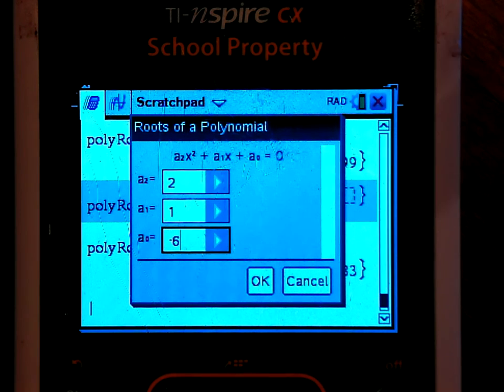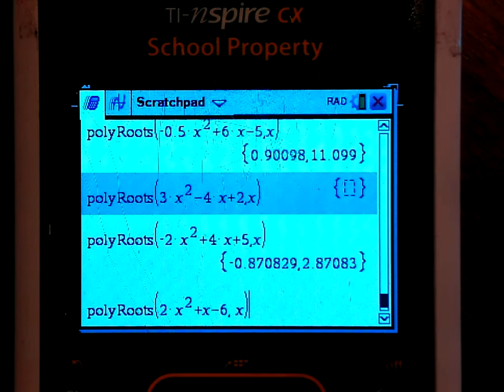Okay, so if you ever run into an issue where you think that may not be correct, I would definitely go back and look at your starting equation and see if you got all the signs right on these three numbers. So once we enter all those, we're going to hit OK, and it's going to populate this polyroots tool here with an equation. Now this equation, this 2x squared plus x minus 6, should exactly match the equation we're solving, okay?